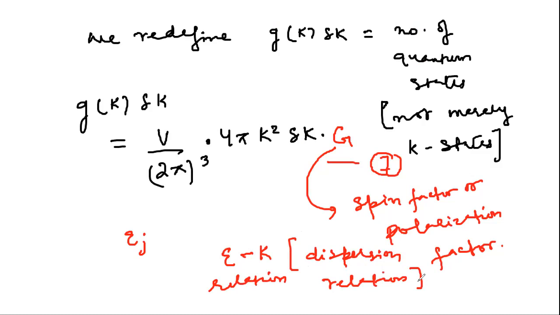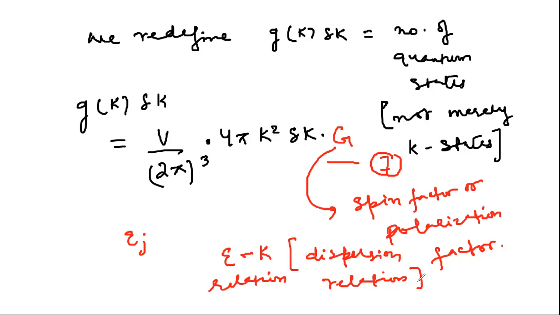Once we have before us the density of states in k, then we switch to density of states in energy through the application of the E-k relation or the dispersion relation.